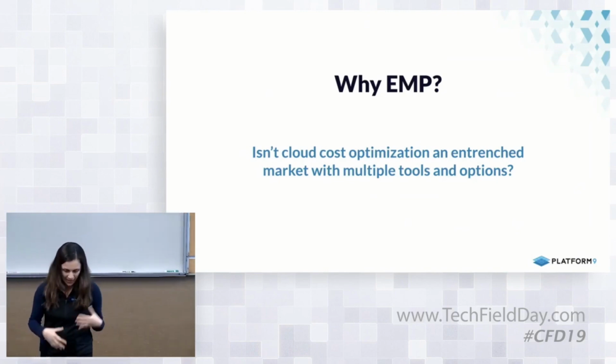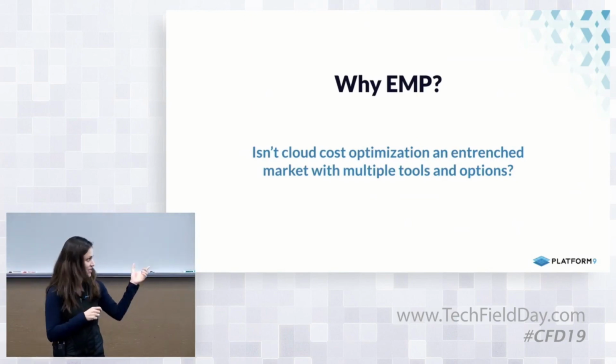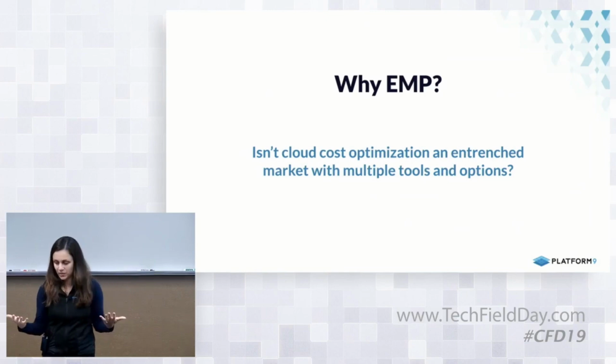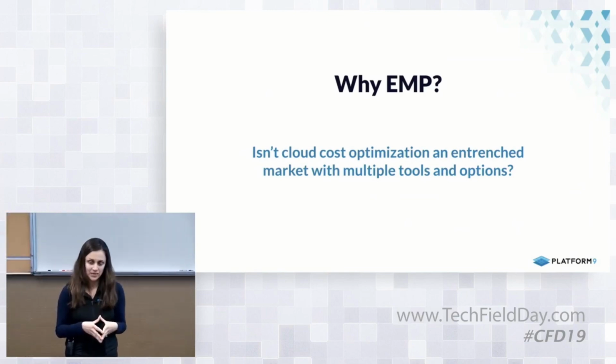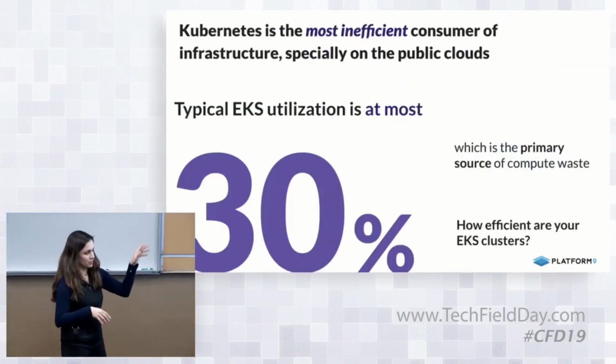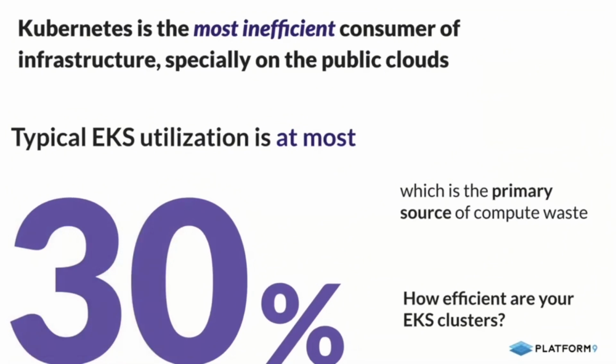Right. So to answer that, I usually like to go back to a stat, which is the core of some of the data that led us to believe that there is a problem that needs to be solved today, and that's why we created this product. Usually when I show this number to people, sometimes it takes them by surprise.